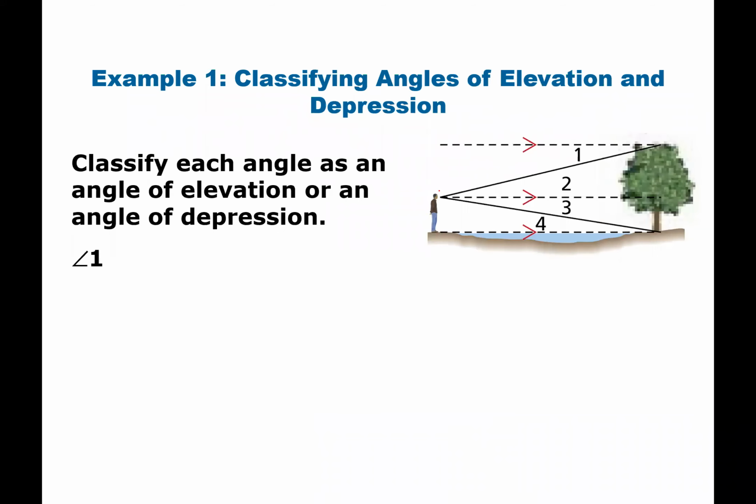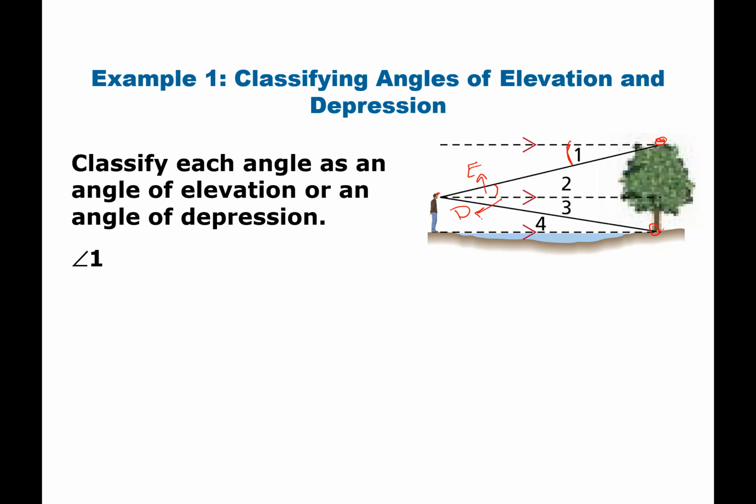Here, an observer looks at the top of the tree and the bottom of the tree. So this angle will be an angle of elevation, and this will be the depression angle, and this is the horizontal side. If a person is here and looking downward at this point, this angle will be depression.